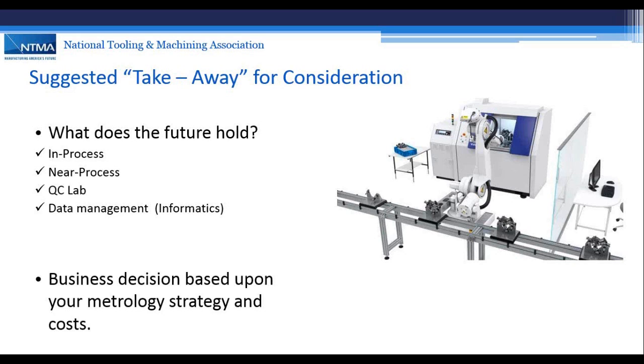Are we going to look near process, where we have CMMs and optical equipment next to the gauge or fed from line samples, or in the QC lab where the final audit is? So we've got to look at in process, near process, or final lab inspection. But all of those, which do exist today, are limited only by the data that we collect.